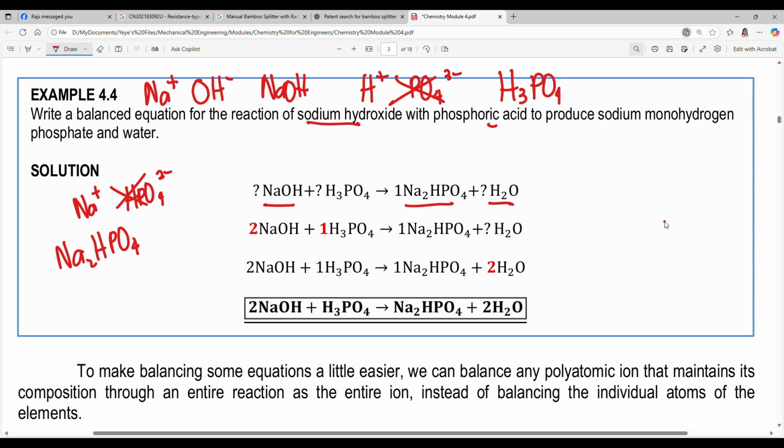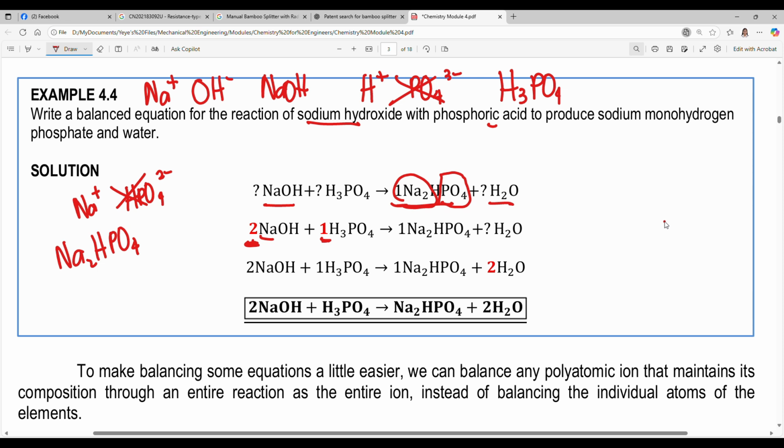So now we will balance. We start with the most complex formula, in this case sodium monohydrogen phosphate. So we write here 1. Since your sodium is 2, we put 2 here so that sodium is 2. Then for PO4, this is PO4 1, so we write here 1.